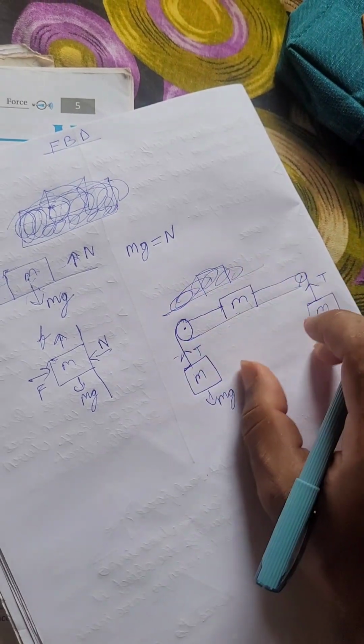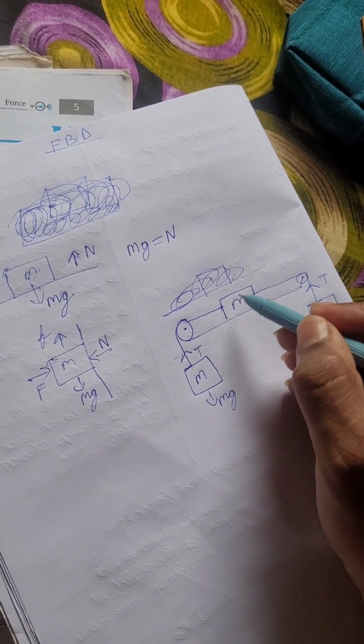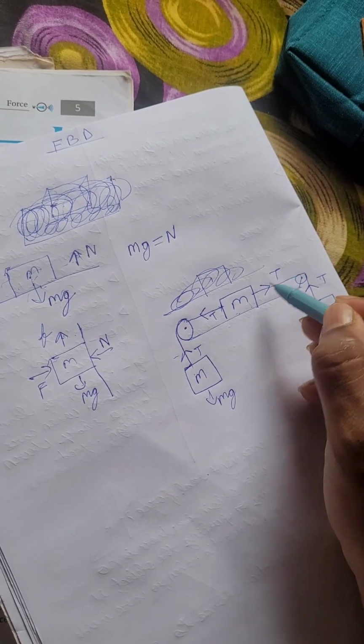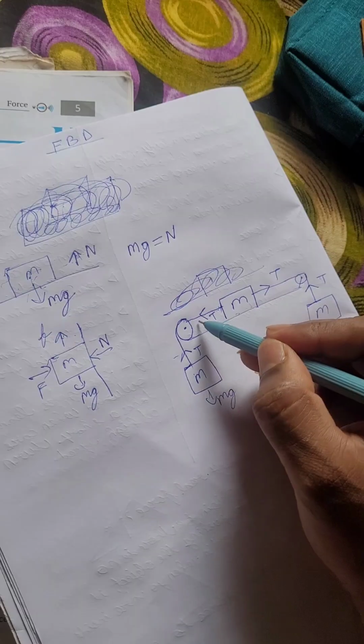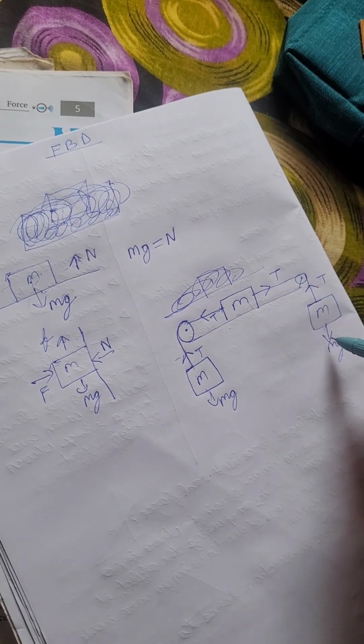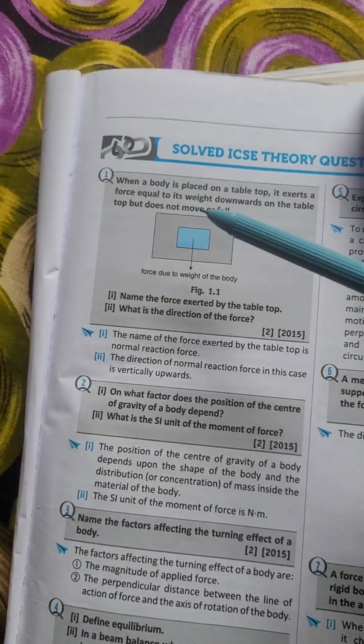The total system is in equilibrium. So I am drawing the FBDs. Here tension is cancelling out tension, here tension is cancelling out mg, here tension is cancelling out mg. Similarly, there are many cases. So let's solve the question.